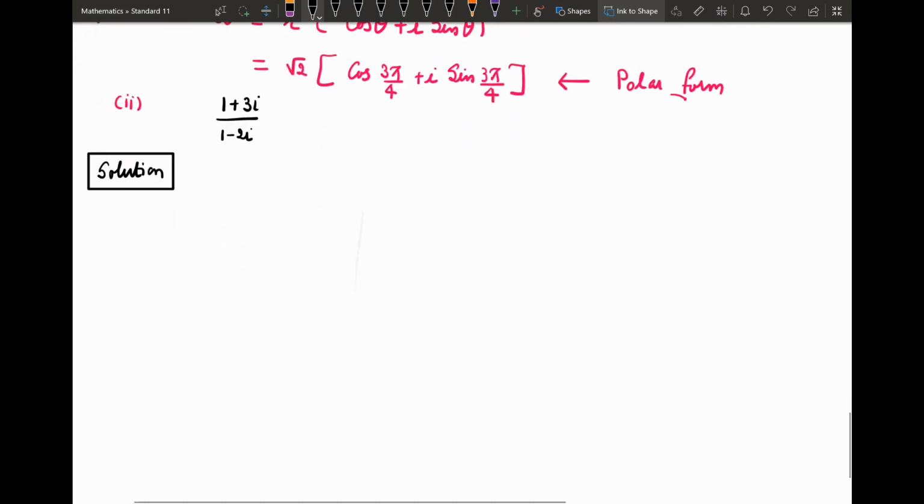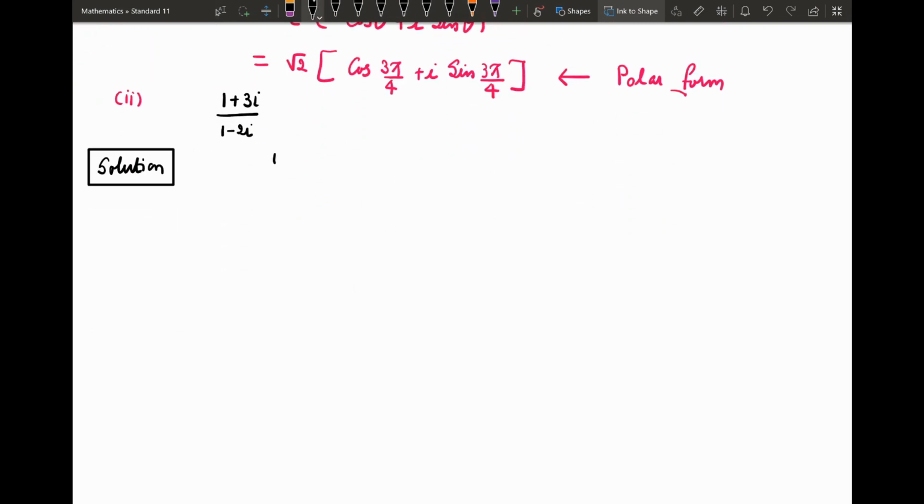So for 1 plus 3i upon 1 minus 2i, rationalize the denominator. So multiply numerator and denominator by the conjugate, 1 plus 2i.